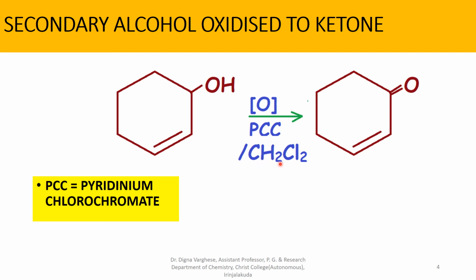PCC in dichloromethane, or we can use PCC in chloroform for the oxidation process. So, the secondary alcohol is oxidized to ketone by using PCC in dichloromethane. This is another method for the preparation of ketone.